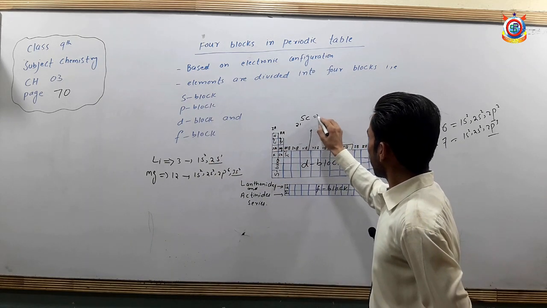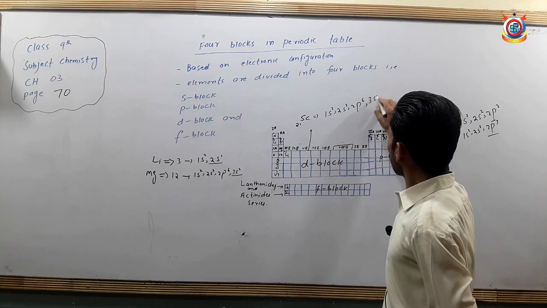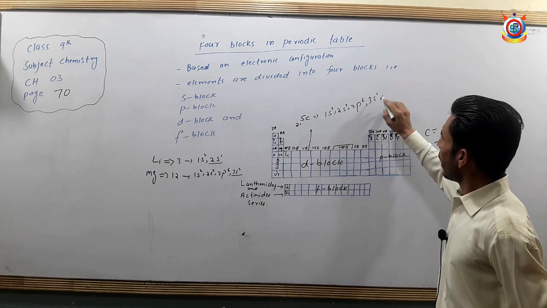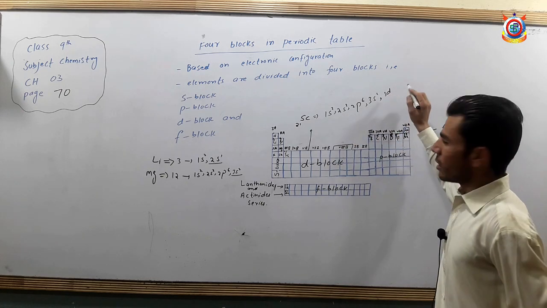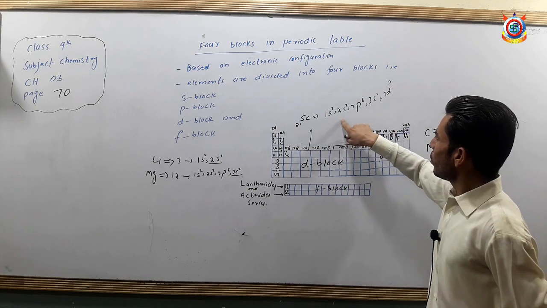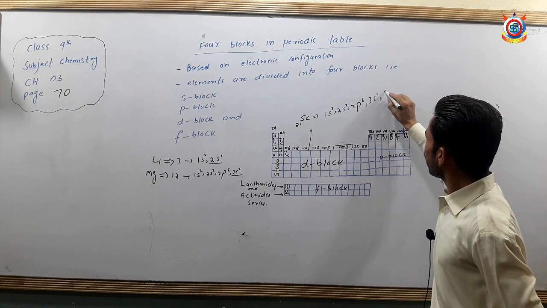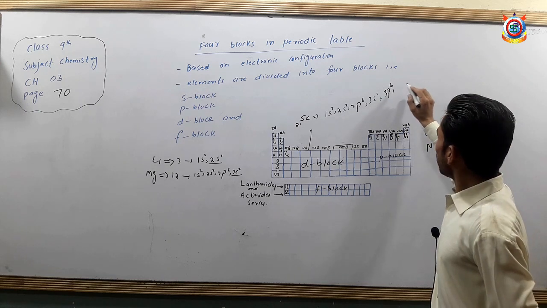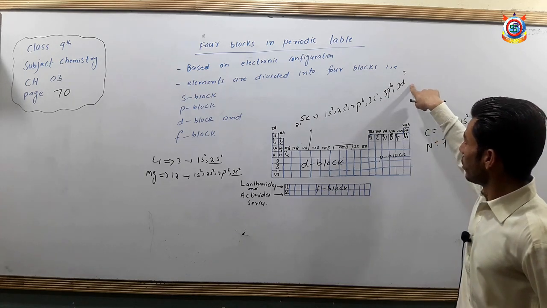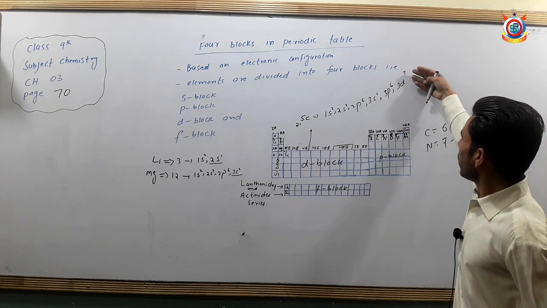Its electronic configuration is 1s2, 2s2, 2p6, 3s2, 3p6, 3d1 with the 4s2. Counting the electrons: 10, 12, 18, 19, 20, and 21.